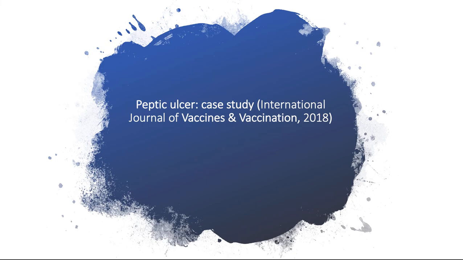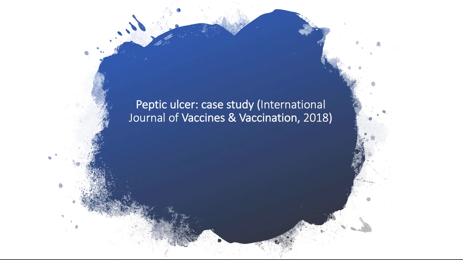We are going to have a look at a case of peptic ulcer, and this particular case was published in 2018. A 23-year-old male visited a clinic with complaints of upper abdominal pain, heartburn, nausea, and sometimes vomiting.